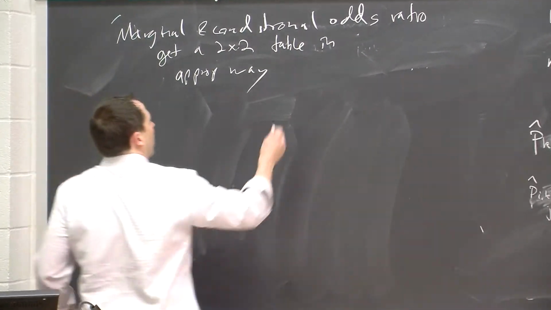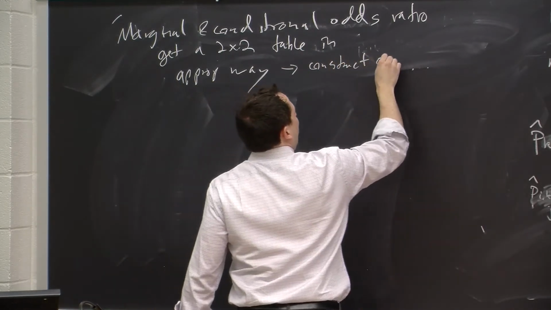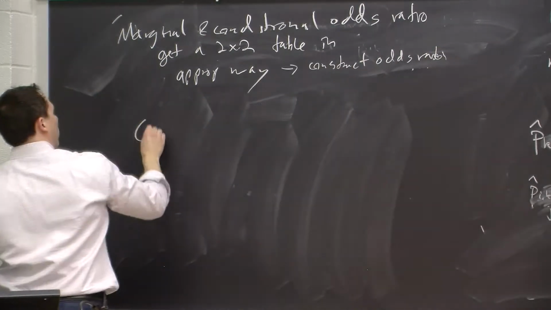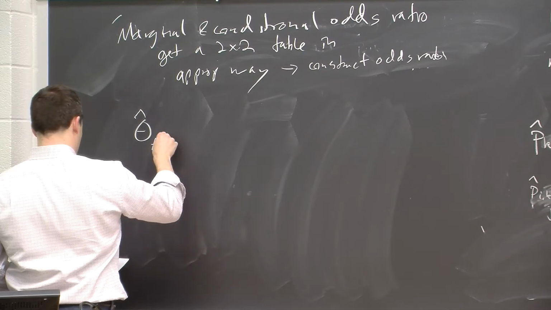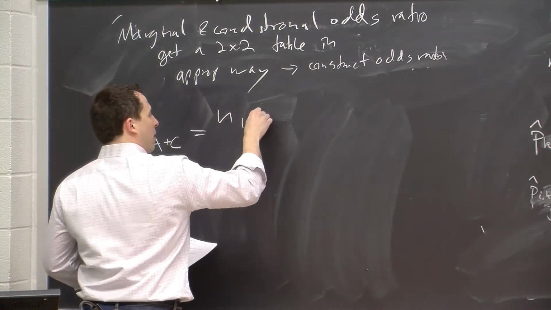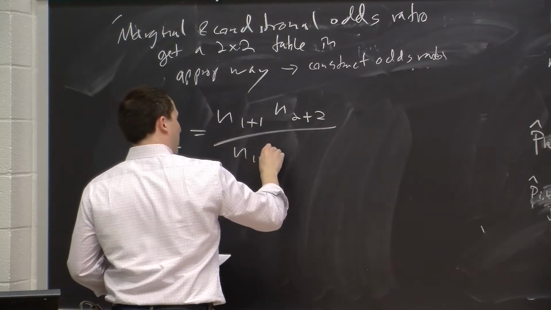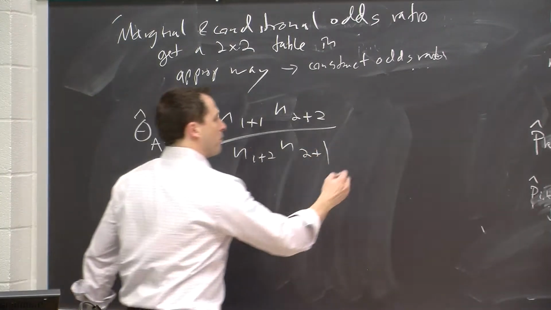And then we construct the odds ratio from that table. So for example, if I want a marginal one, let's call it AC, that's just N_{1+1} N_{2+2} over N_{1+2} N_{2+1}. It's a marginal odds ratio.